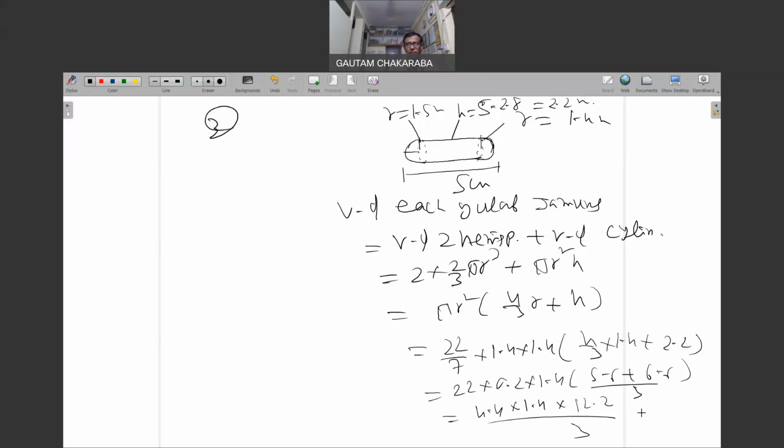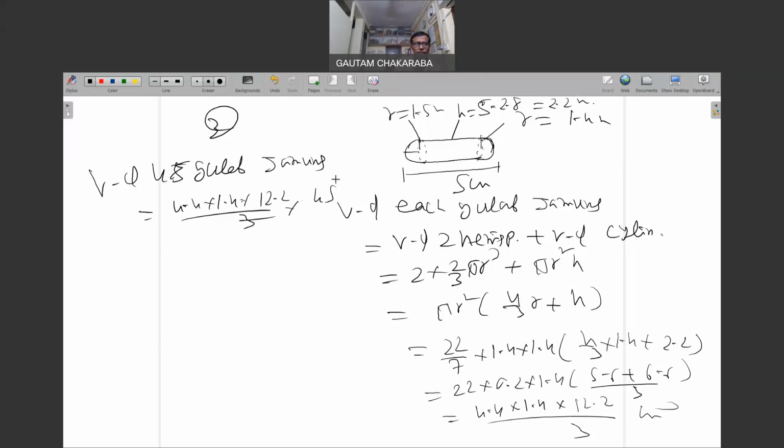No need to multiply the unit, because this is centimeter cube. Now volume of 45 gulab jamun is 4.4 into 1.4 into 12.2 by 3 into 45, 15. Okay, now you do the calculation: 4.4 into 1.4 into 12.2 into 15.